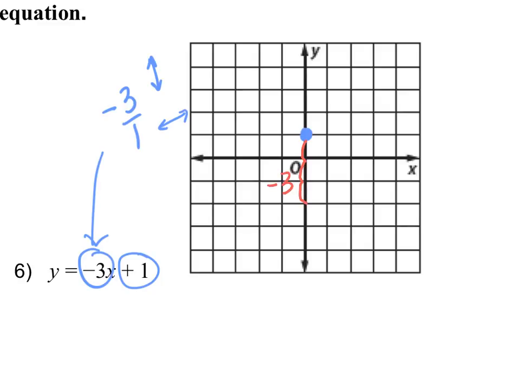And I'm going to go to the right, since it's plus 1, and make a new point. And just for fun, I'm going to do one more: 1, 2, 3, over 1. That's my idea of fun.